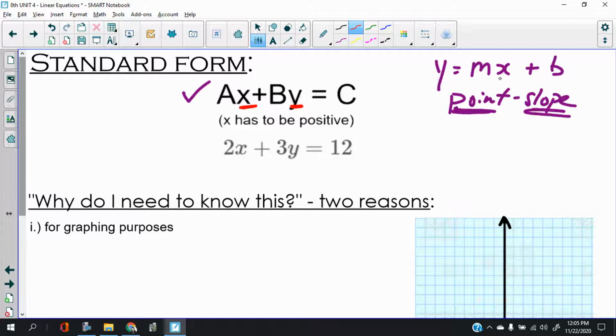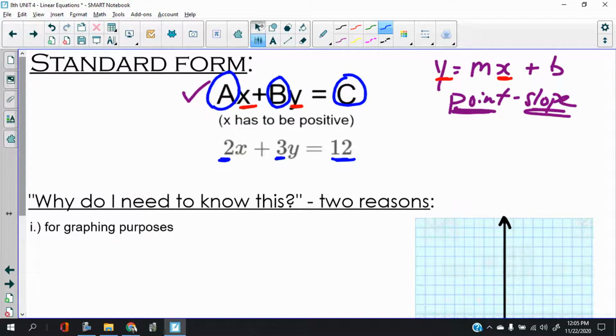Just like this has an x and a y. Nothing changes here. The other thing that I want to point your attention to is this. There are three letters here that are represented by numbers. So in this case, A, B, and C, which are represented by 2, 3, and 12 respectively. Okay, so that's a standard form.